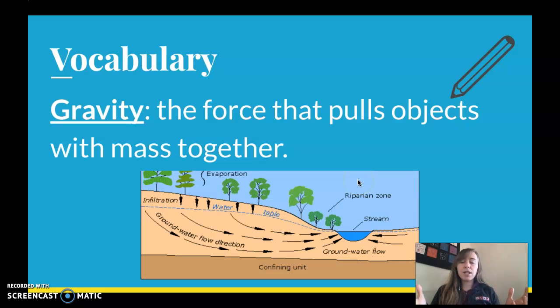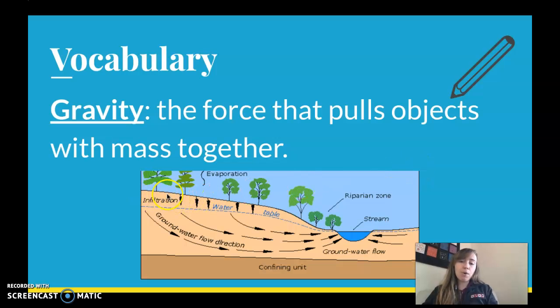And we often think of gravity as the force that pulls things down to Earth. The reason gravity is pulling things down to Earth when we're on Earth is because Earth is the biggest mass that is close to us. So the sun is also pulling on us because it's even bigger than the Earth. But we think of gravity as mostly pulling things down to Earth.